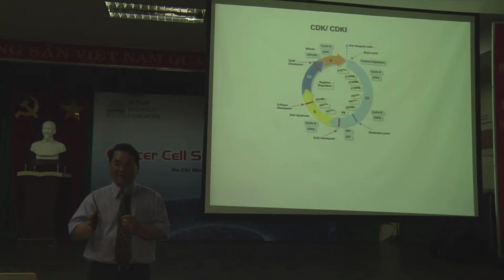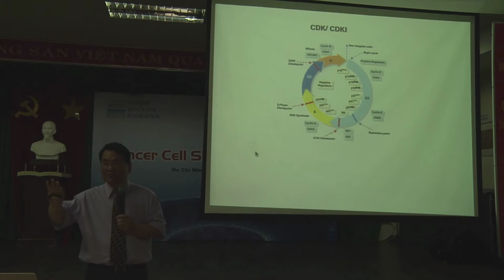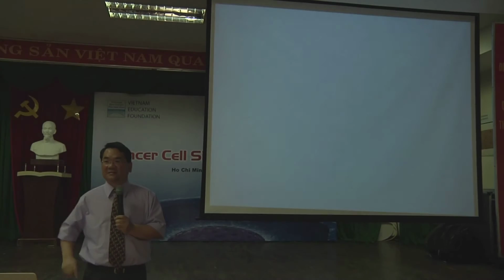When they finish their cycle, they get degraded, but some cancer cells are able to keep these cyclins from degradation. So it could be because of this mechanism, or sometimes because of amplification of the cyclin E gene, that the cancer is able to push the cell cycle faster.